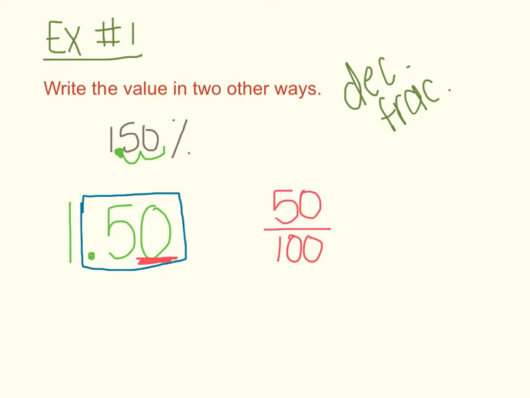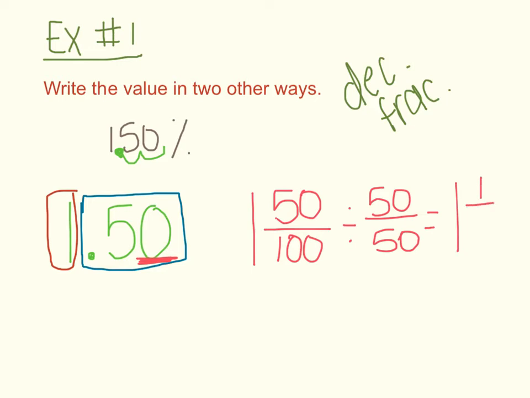And remember, with that whole number in the front, we just put it right back on the front. So it's 1 and 50/100ths. But we know 50 and 100 can both be divided by 50. When we do that, we get 1 and 1/2.